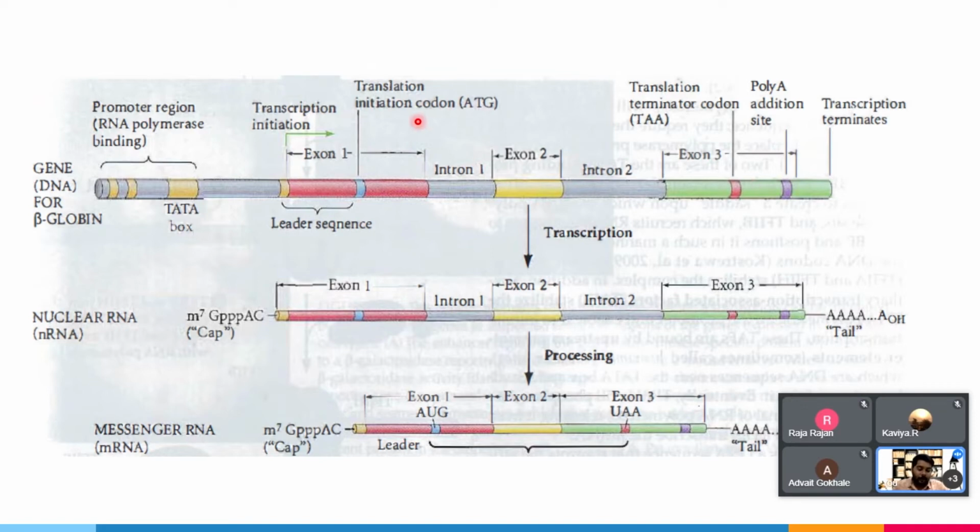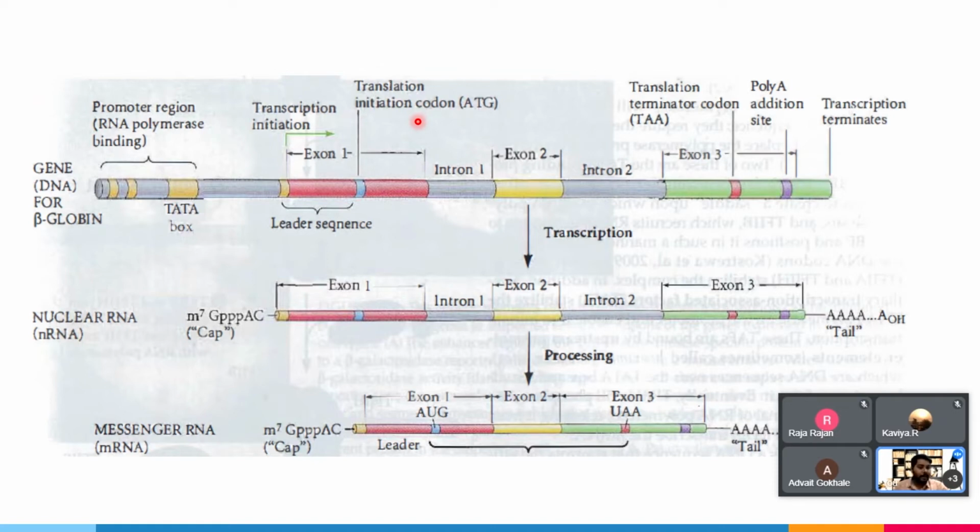But one of the most important things that you have to understand is that everything that is present in the mRNA comes from an exon.